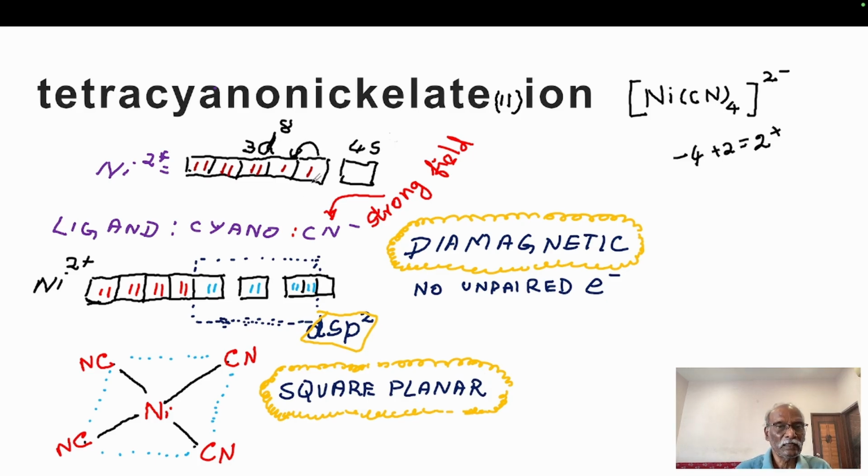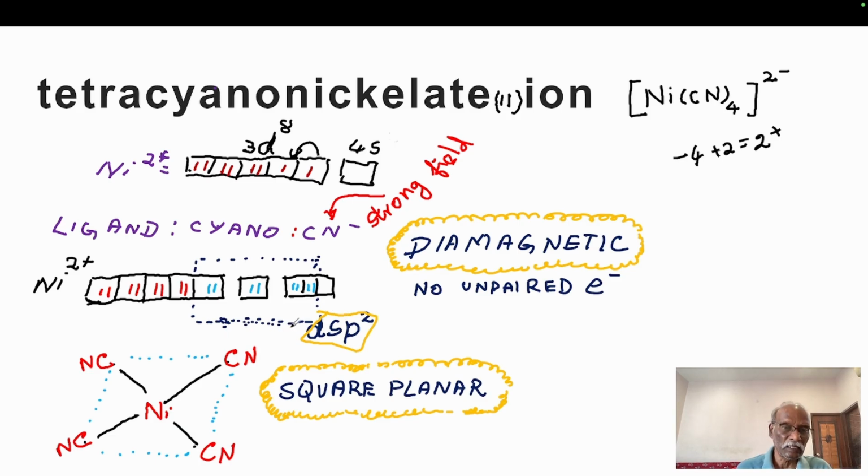From the beginning, it is because of the CN minus ligand, which is a strong field ligand, which pushes one electron inside and thereby one d orbital is made vacant. You make use of this d orbital and mix one d orbital, one s orbital, 2 p orbitals together, dsp2 orbitals, 4 orbitals.